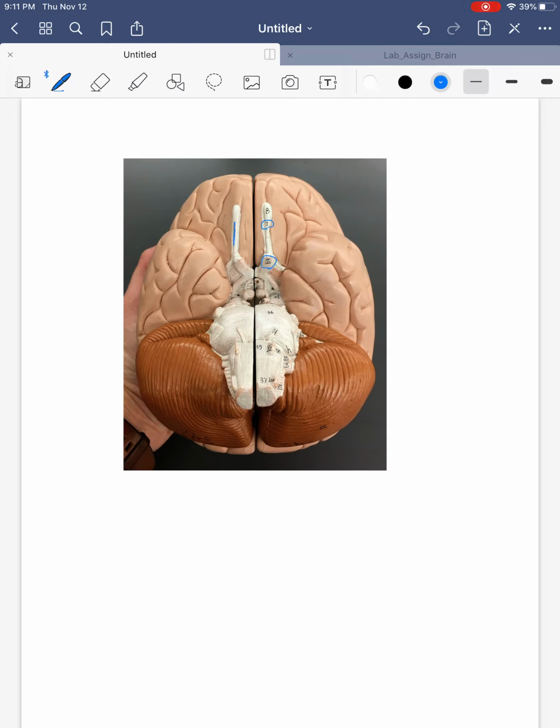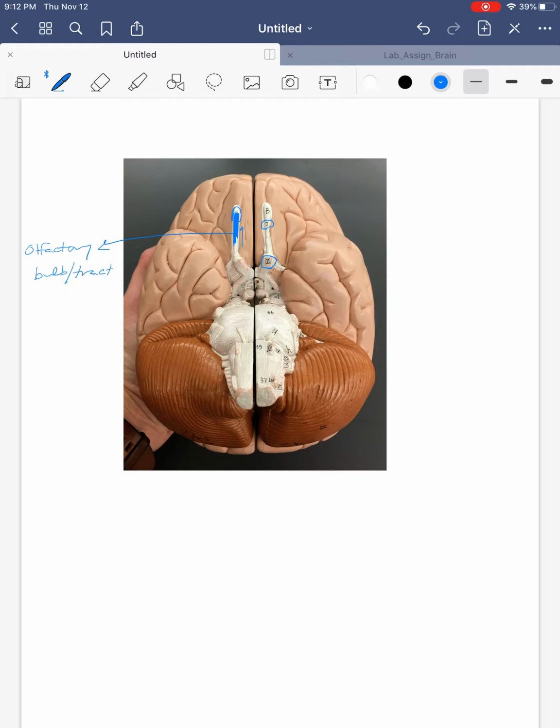So indeed, this here is the olfactory nerve and the olfactory bulb. Technically, the bulb is more of the part here towards the top, and the tract is more of this part. But we're going to just call it together. So we're going to call this the olfactory bulb and tract.